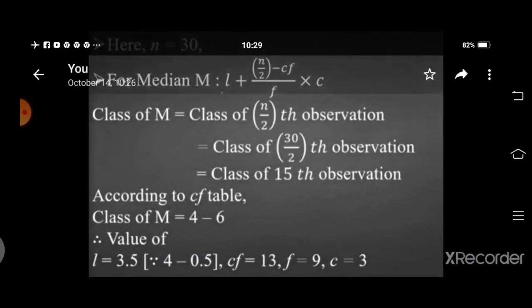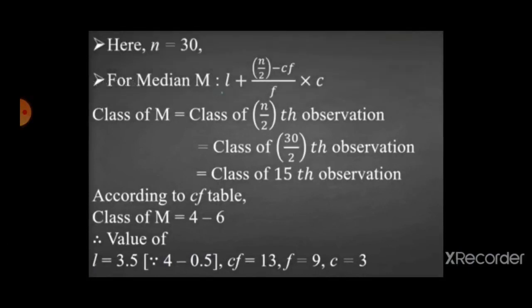Now, according to the formula, median equals L plus (N upon 2 minus CF) upon F into C, because we are going to find out the median according to the continuous frequency distribution. Now, the class of the N upon 2th observation. We know N equals 30, upon 2, 15th observation.